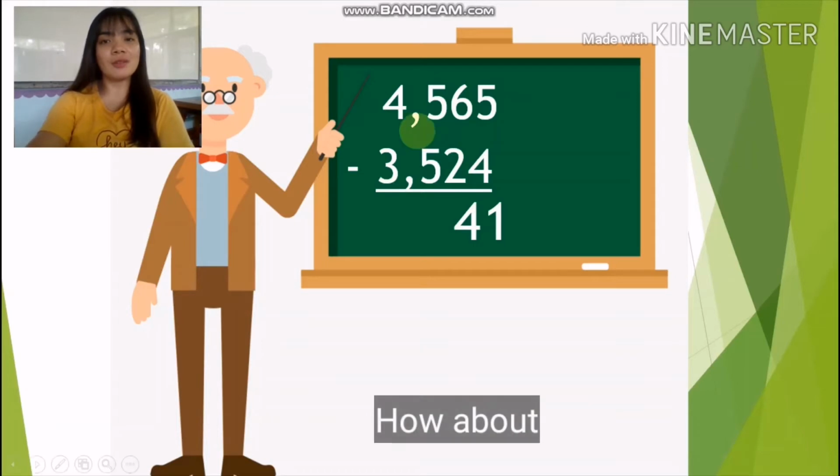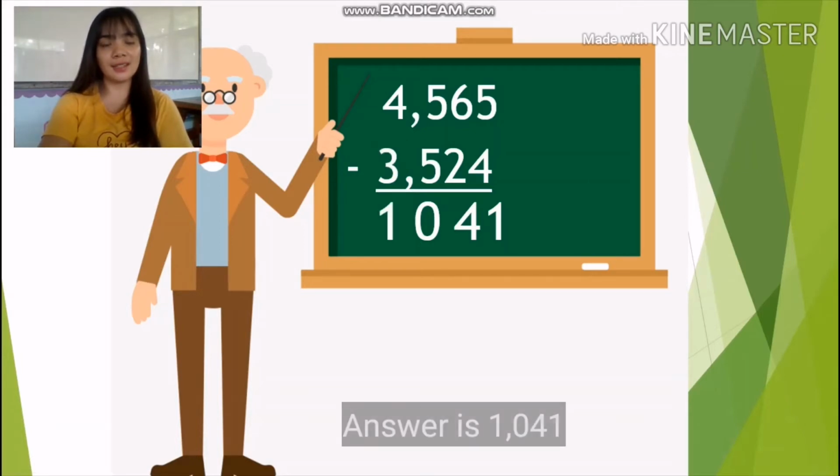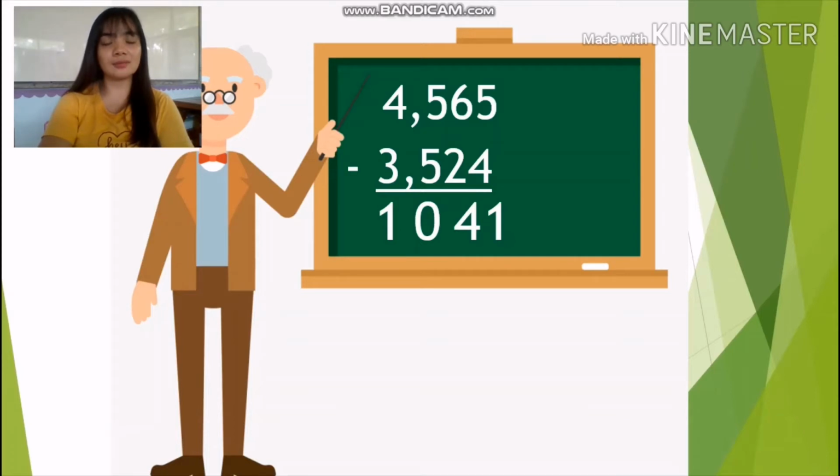How about 5 minus 5? It is 0. Then 4 minus 3 is 1. So what is our answer? It is 1,041.